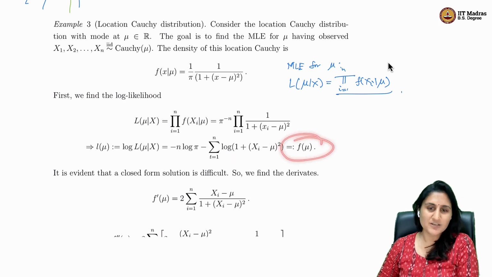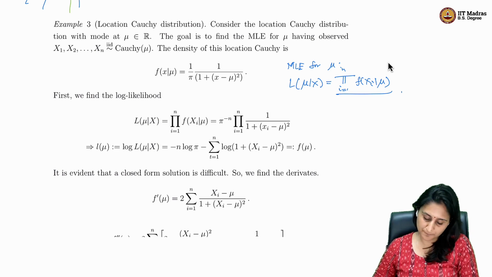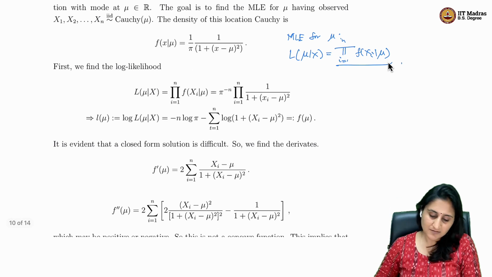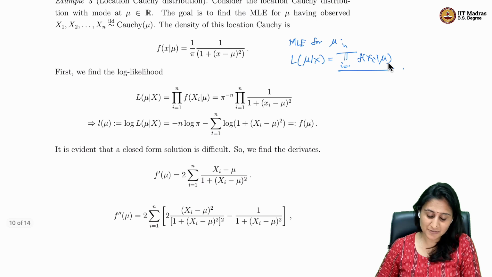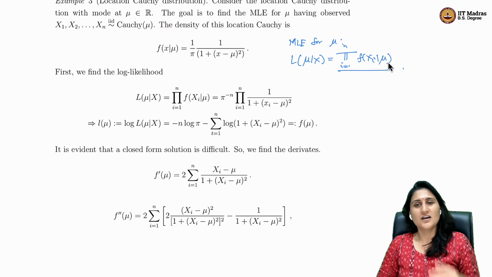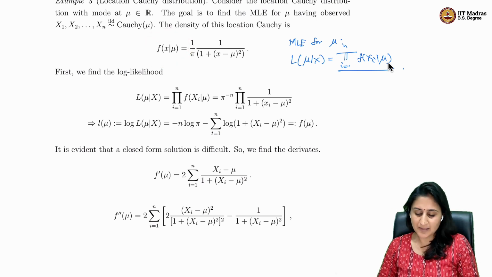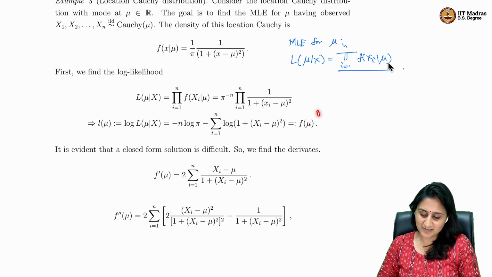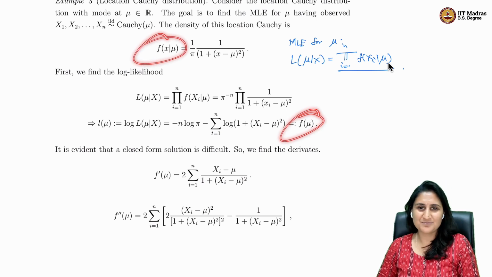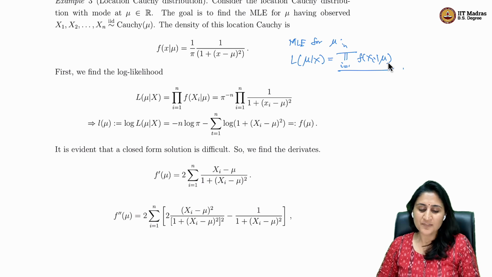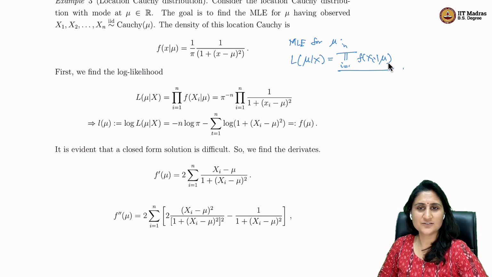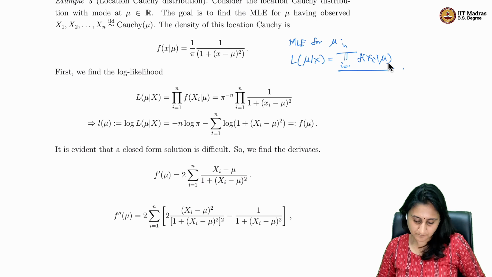This whole objective function I denote by f of mu. I grant that there is a little confusion of notation: f is typically used for density functions as well as for objective functions, so I'm going to use them interchangeably. It should be clear from context what f is.